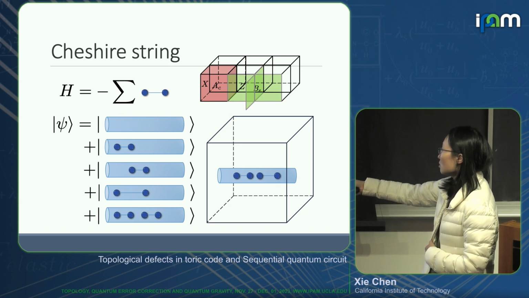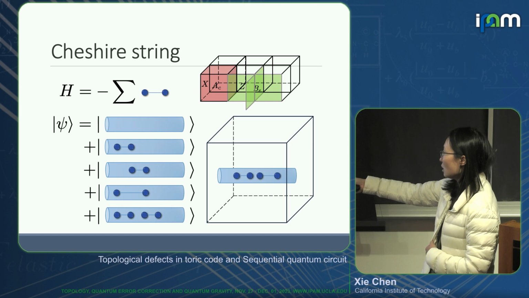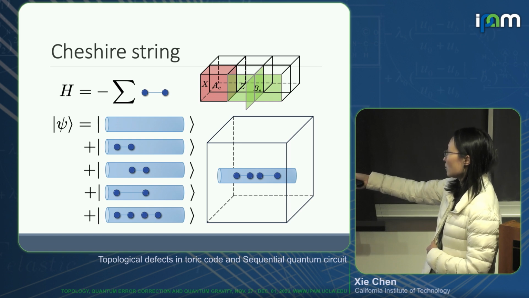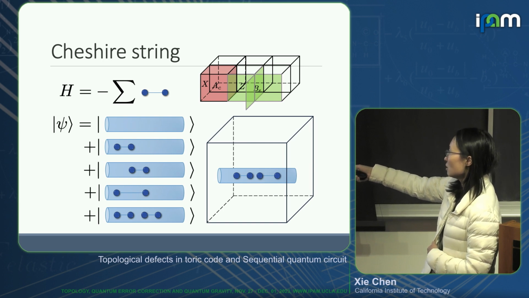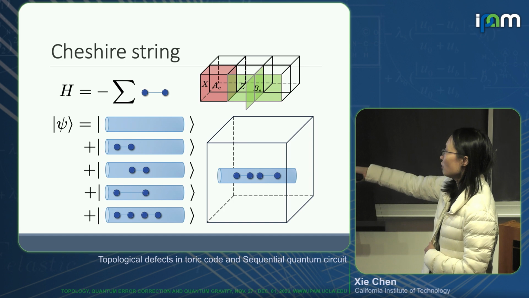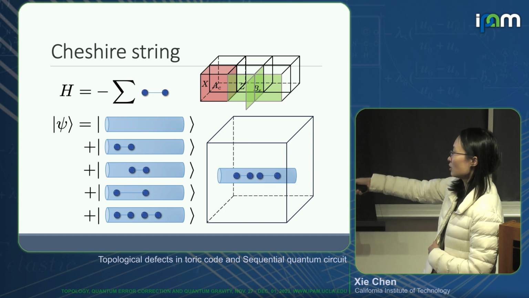Right. So if we impose all these little strings as Hamiltonian terms on this whole one-dimensional segment, then the wave function now becomes a bigger superposition.